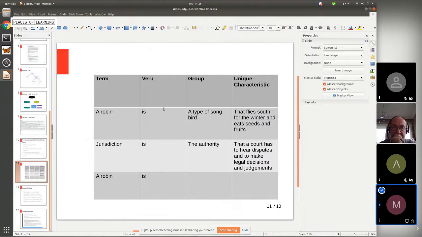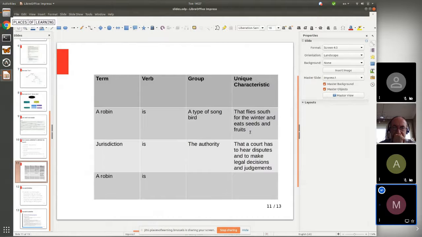Robin is a type of songbird. So it starts with the term, the verb, and then the group to which this object belongs, a type of songbird. The unique characteristic of this term is that it flies south for the winter and eats seeds and fruits.